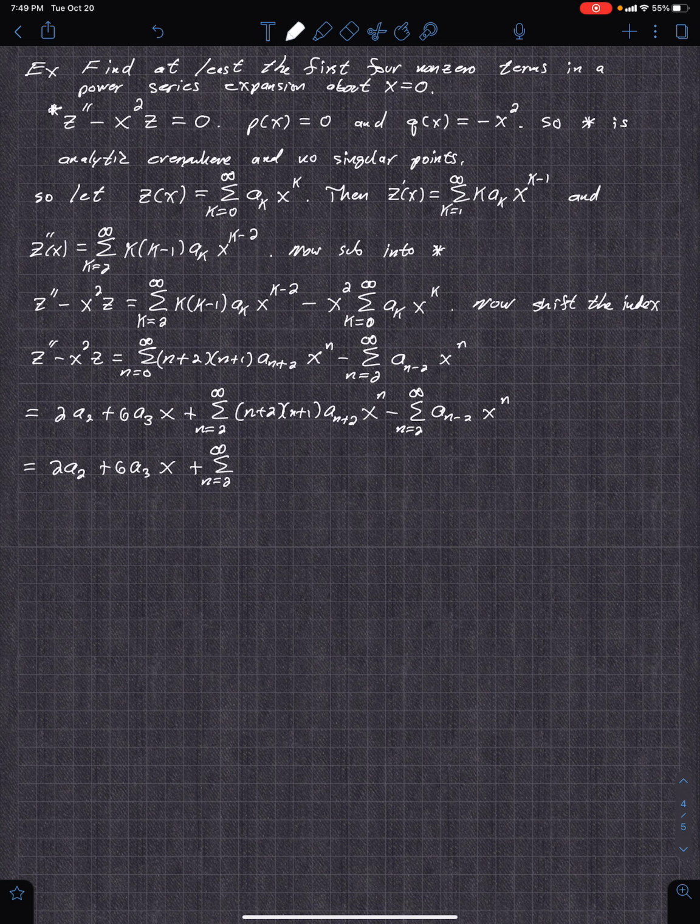And so now we're just rewriting this as n plus 2, n plus 1, a sub n plus 2 minus, and then I'll be able to take out the x to the n. This is a sub n minus 2. So I'm basically just taking this out and then summing differently. So I'm setting that equal to 0.